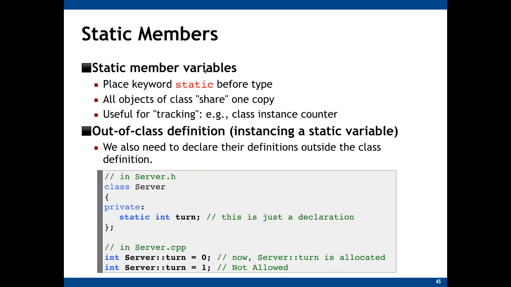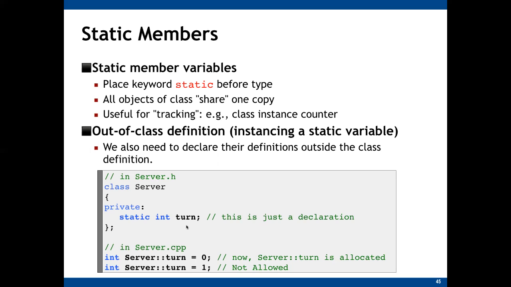So if you make the member variable static, all objects of the class share one copy. So if you look at this example, this is a declaration of a member variable, but because we put static here, it becomes a static member variable. And these static member variables are shared by all objects of the class.